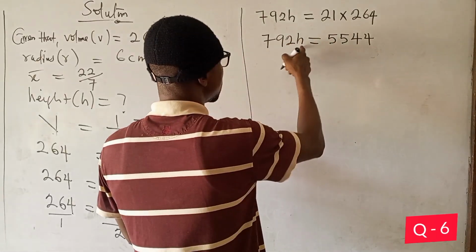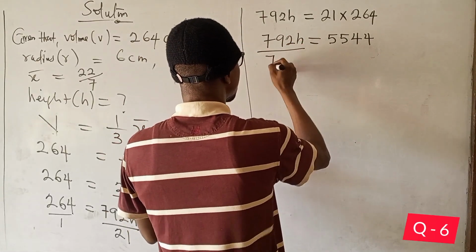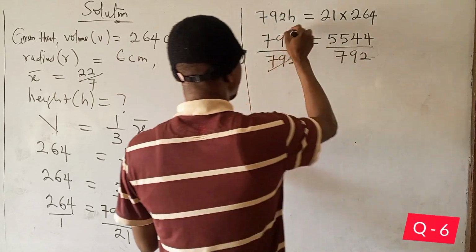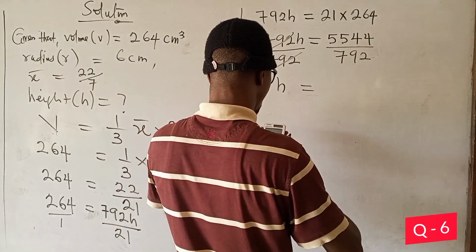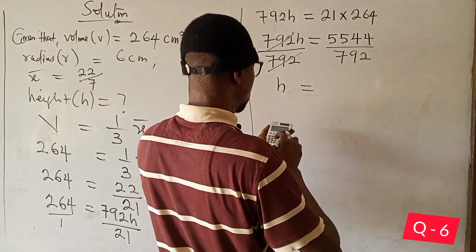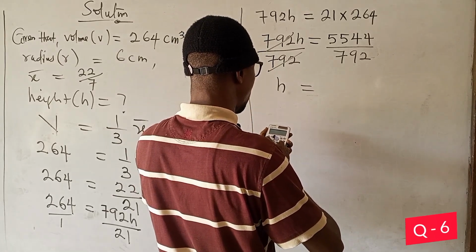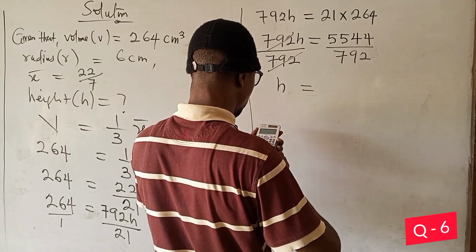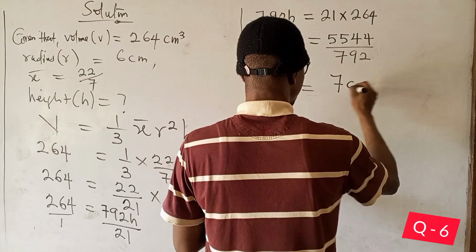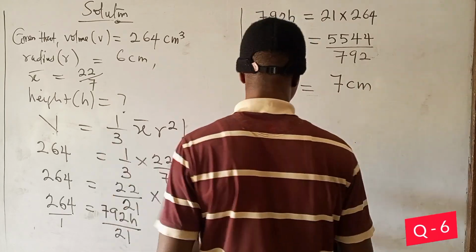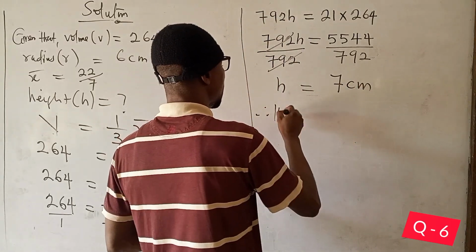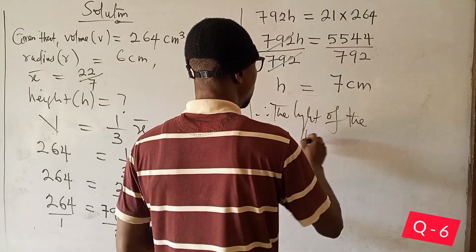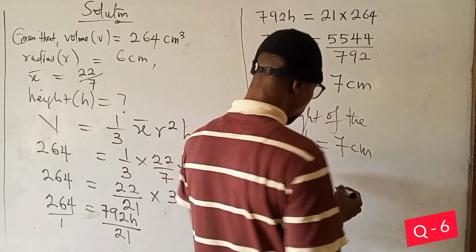We need h, the height of the cone, so we divide both sides by 792. This cancels, and we have the height of the cone as 5,544 divided by 792, which is 7 centimeters. Therefore, the height of the cone h is 7 centimeters.